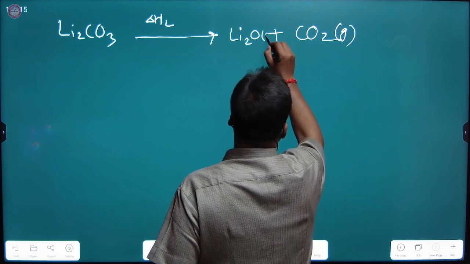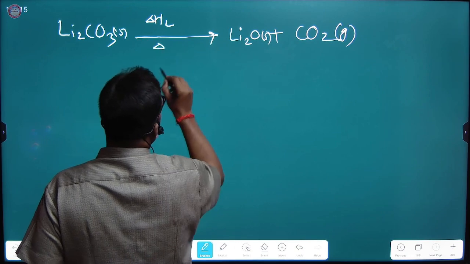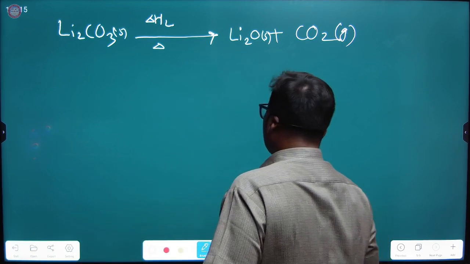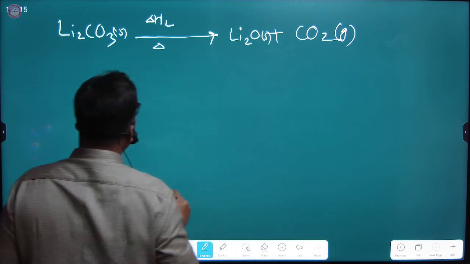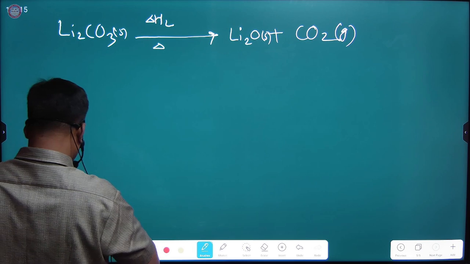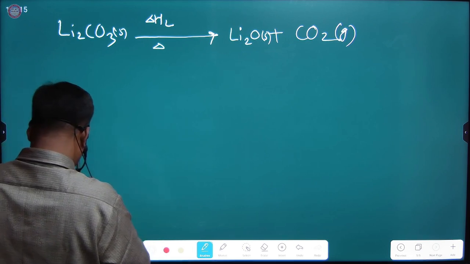So this is in the solid phase and this is also solid, if it is heated. The lattice enthalpy of lithium carbonate is determined theoretically.